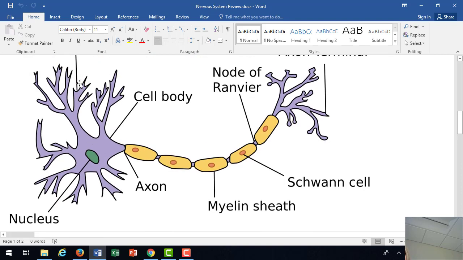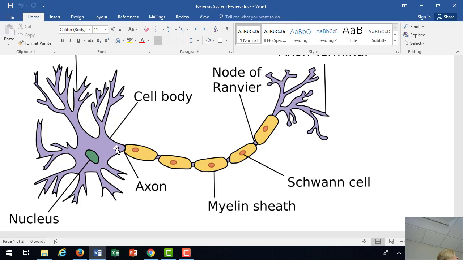But if I let enough sodium in to get to -55, that flow of sodium spread throughout the cell reaches the axon hillock. And what did we say? What type of channels do we have at the axon hillock? Voltage gated channels.